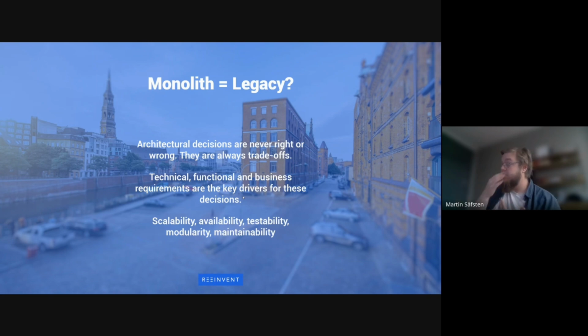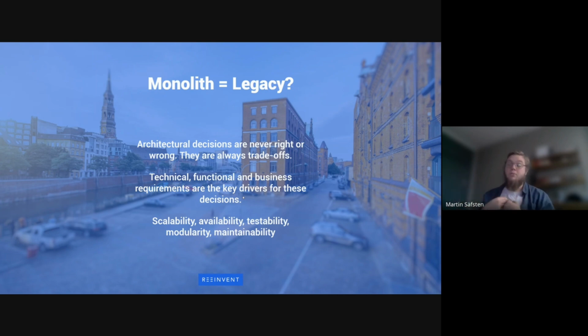And scalability, availability, testability, modularity, and maintainability. These are buzzwords, but I added them here because I like them to be the guiding principles for developers when writing software that has an architecture. Is the code scalable?